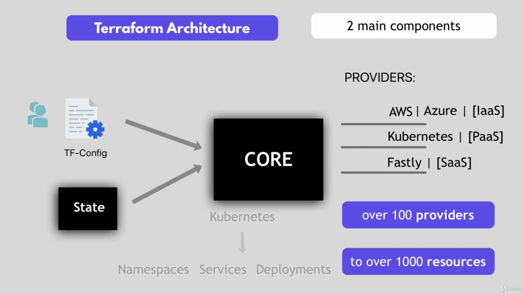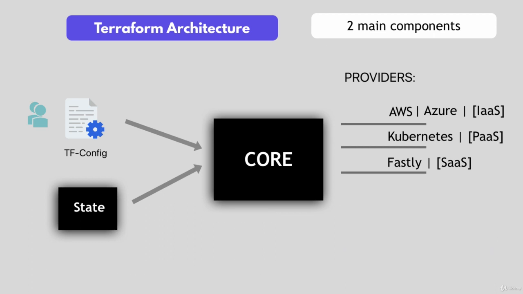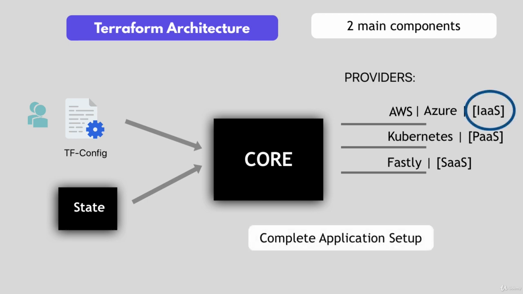So this is how this works. And this way, Terraform tries to help you provision and cover the complete application setup, from infrastructure all the way to the application. And this is sure convenient, but as I mentioned in the comparison between Terraform and Ansible, Terraform's strength is actually in the infrastructure provisioning, and for the other stuff, you can use Ansible or similar tools.